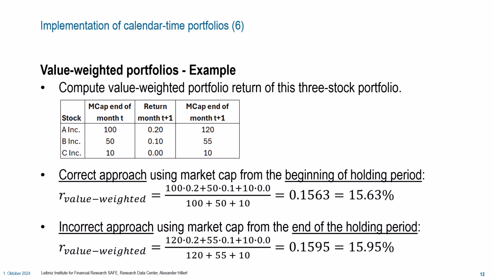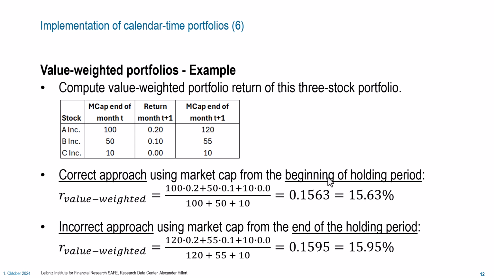Also, this strategy would basically imply that you know ex ante which stocks are winners, stock A and B, and you put relatively more money into these stocks already ex ante. And this is why, when you do this computation incorrectly, if you take the end of the holding period market cap instead of the beginning of the holding period market cap, you will always get a portfolio return that is biased upward.